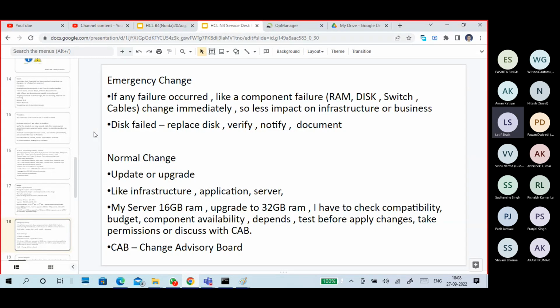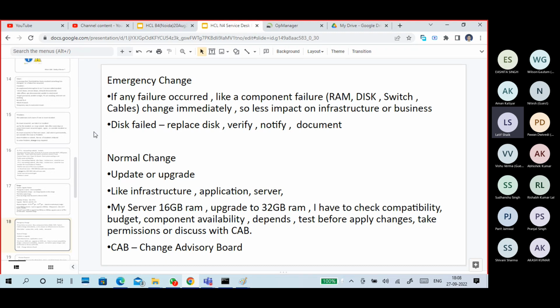Normal changes are like updates and upgrades: you want to upgrade your RAM capacity, your processor capacity, add one more server, or maybe migrate from normal Ethernet cables to fiber optical cables. Anything is a change.